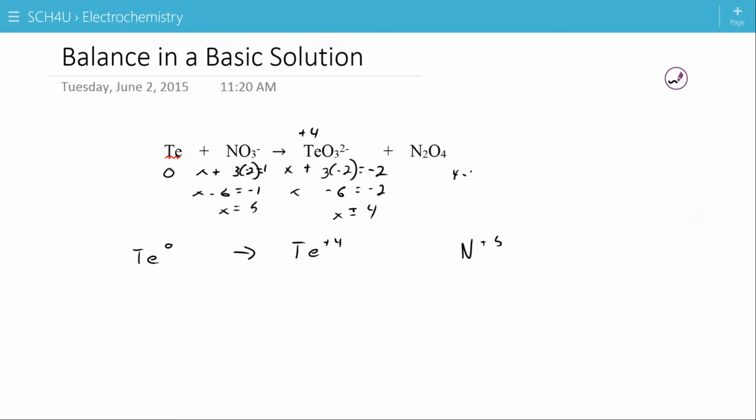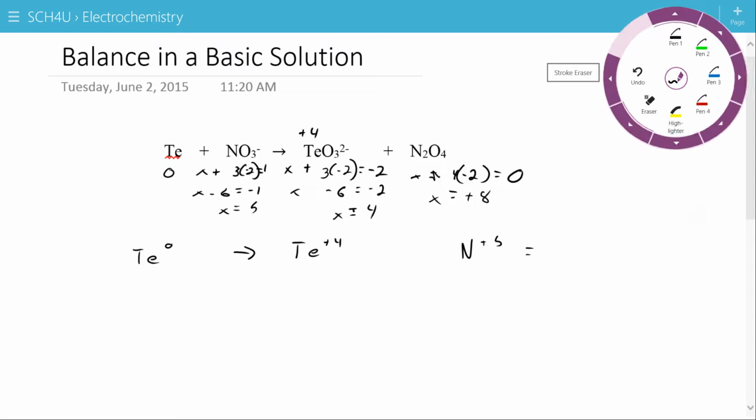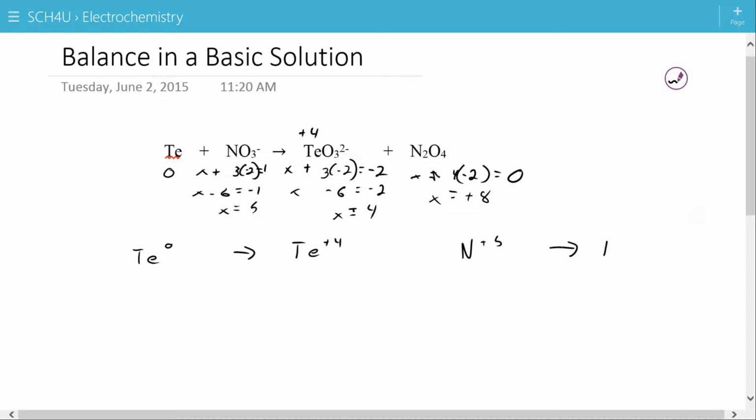Let's just look at this. This is 4 times -2, and this has a charge of 0. So these N2s must have a total charge of 8. That's the charge for N2 as a combination of atoms.